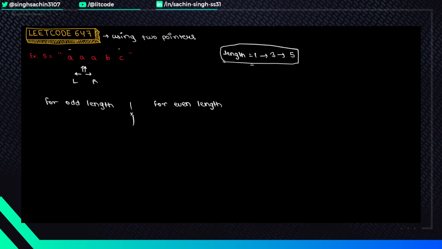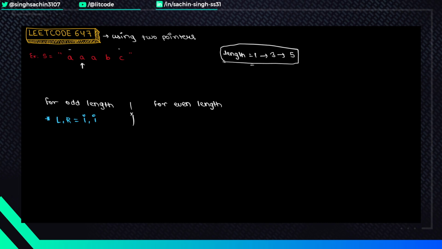So what was the condition? The L and R pointers were both initialized to I, and that's when we were getting all the odd lengths. The logic behind this is that your individual element will always be a palindrome, because of course A is A whether you read from forward or backward.